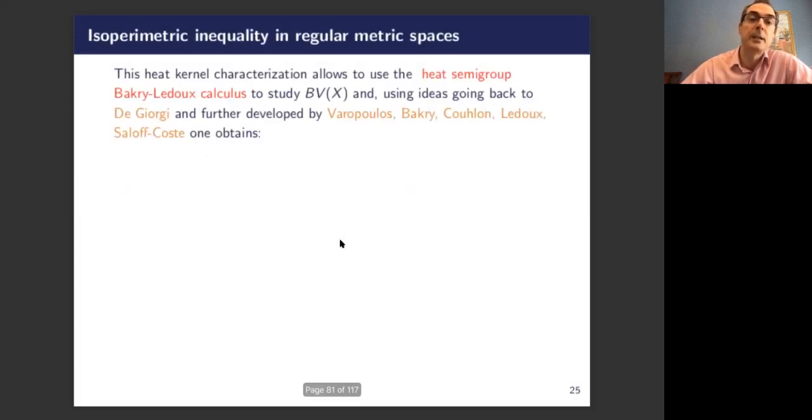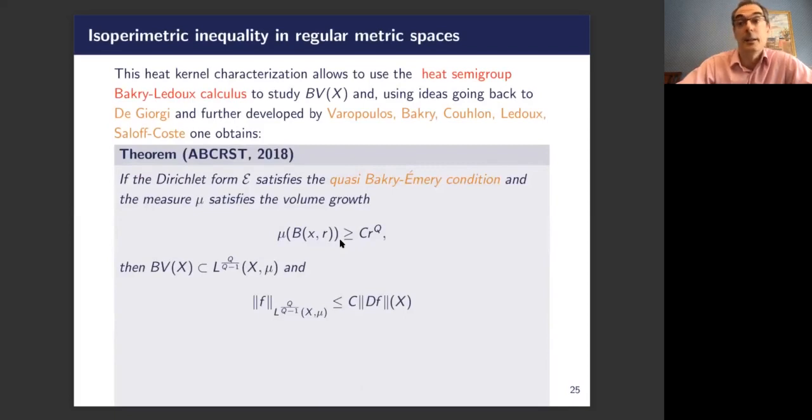So with the heat kernel tools in hand, it's possible to apply all the ideas that have been developed around the heat kernel, in particular the so-called Bakry-Ledoux calculus of heat semigroups, to study the BV space. Once we have the heat kernel, we have a lot of techniques to study the space.